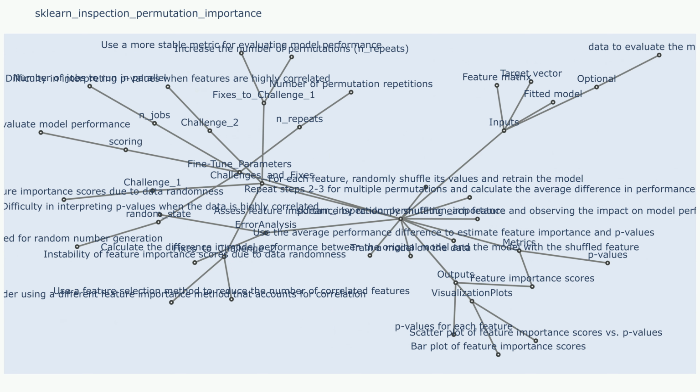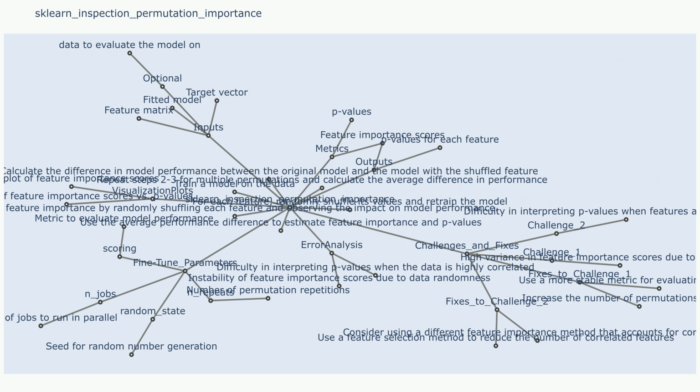Random state, a seed value for the random number generator used during permutation. Input 8. Refit, a Boolean flag indicating whether to refit the model on permuted data. This can be helpful for complex models where refitting may be necessary for accurate performance.